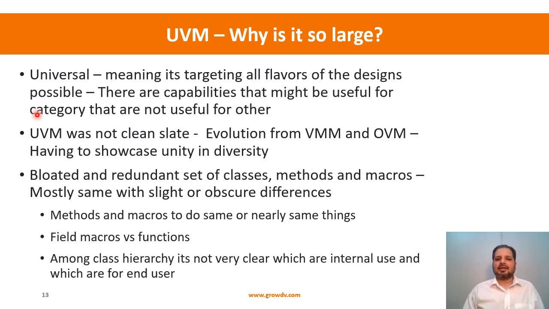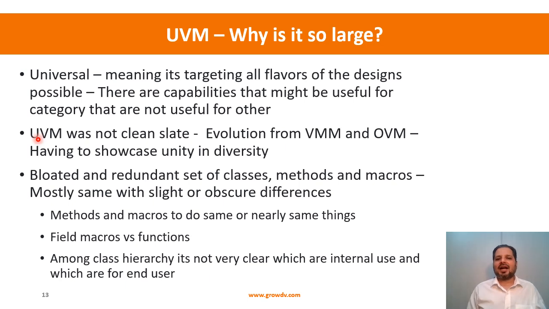The other point is that UVM was not a clean slate. It's not that somebody decided we'll build the UVM and it was created. It has evolved from VMM and OVM, and then having to showcase that unity in diversity, it's the amalgam of so many things.